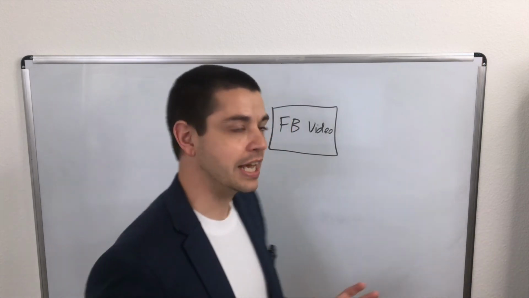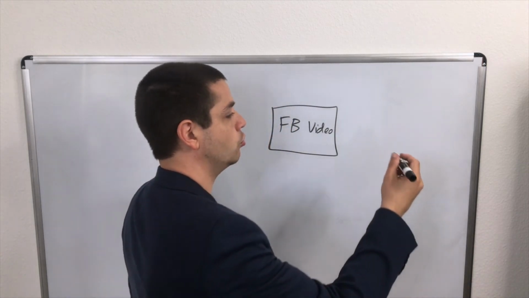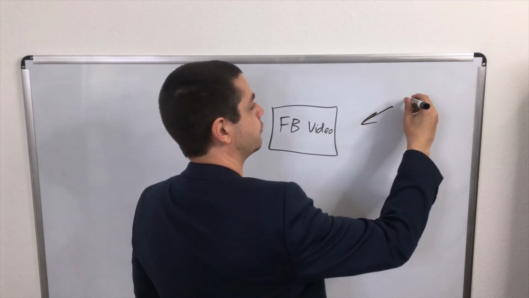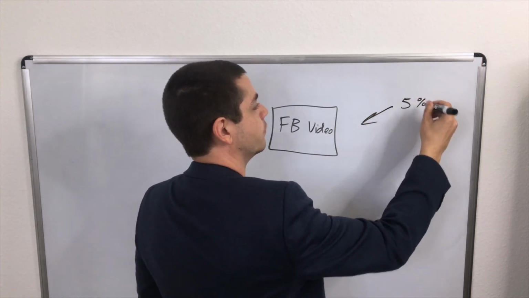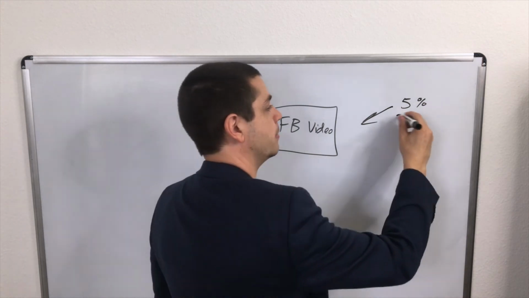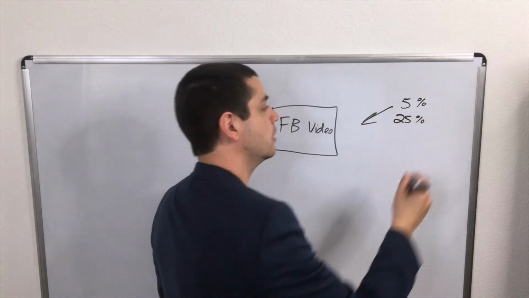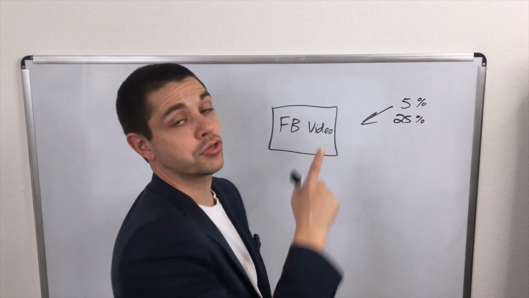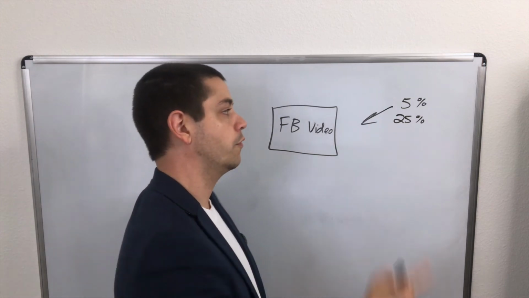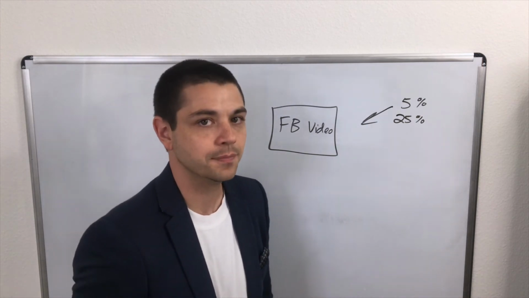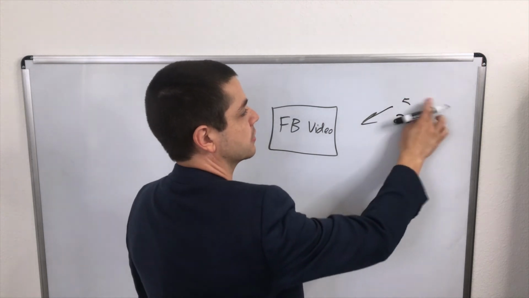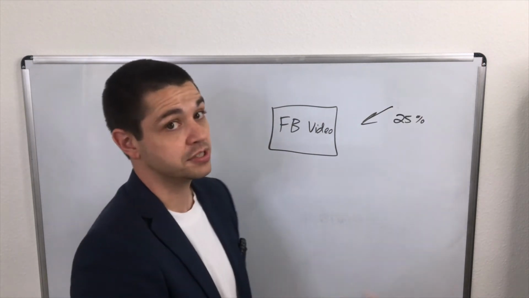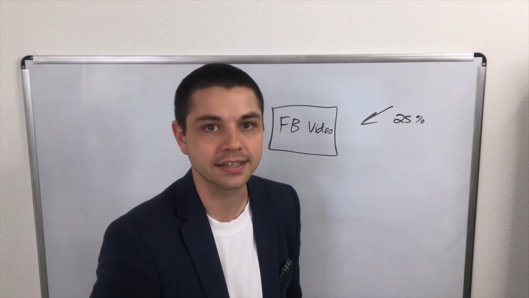And what's going to happen is anybody who watches this for at least 5% of the video, or maybe 25%, it doesn't matter, because I'm only going to make this video 3 seconds long. So for someone to watch 25% of it, they only need to watch basically 1 second, right?